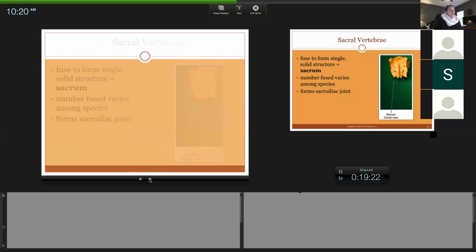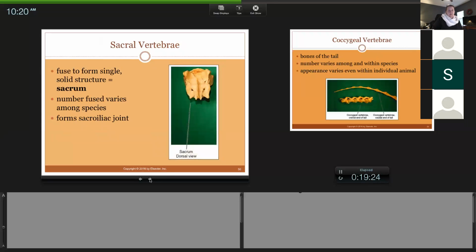Now, I told you the sacrum, or sacral vertebrae, are technically one structure. In the dog, 3 pieces are fused, and in a horse, 5 pieces are fused. What this does is it forms the sacroiliac joint. Let me show you, okay, so this is my pelvis.